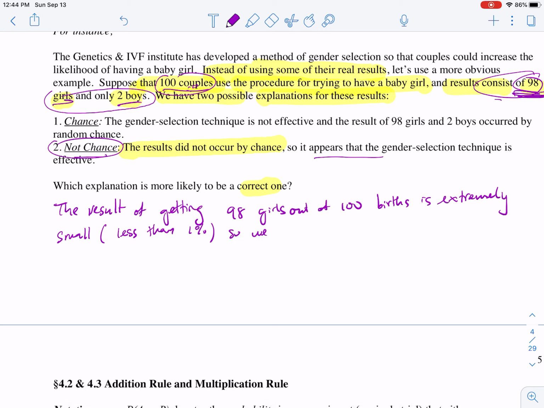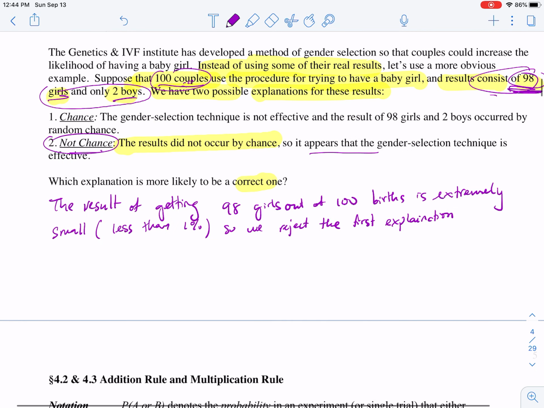So we reject the first explanation and say that the gender selection method is effective.